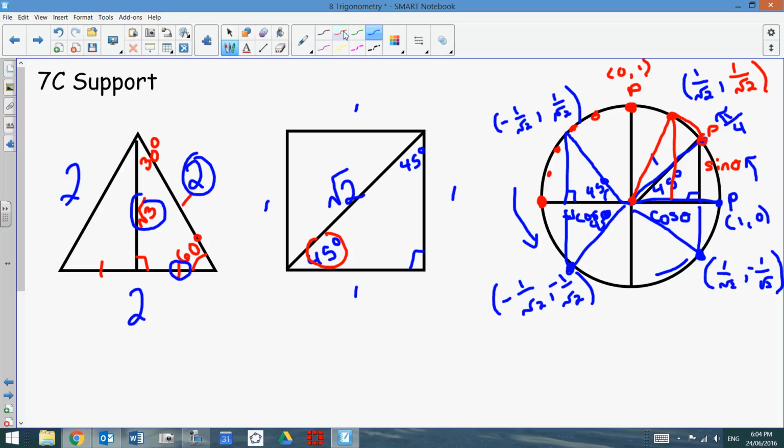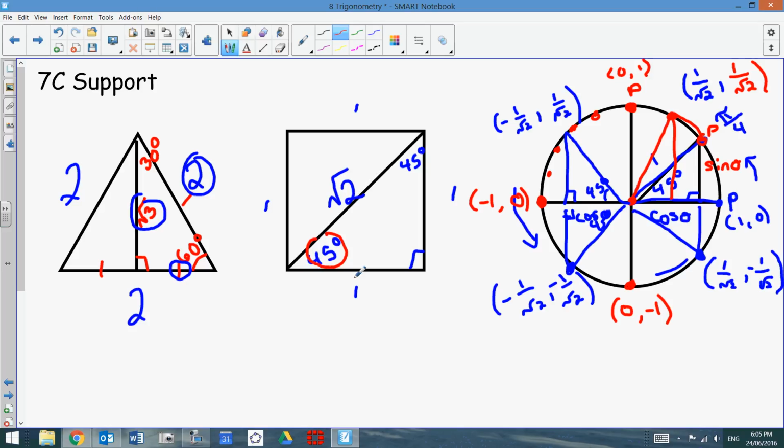So now let's think back to what happens when we get here at 180 degrees. My x value is at negative 1, my y value is at 0. I come down here to 270 degrees. I'm going to wind up being at 0 x and negative 1 y. Okay, so my cosine would be 0, my sine would be negative 1.